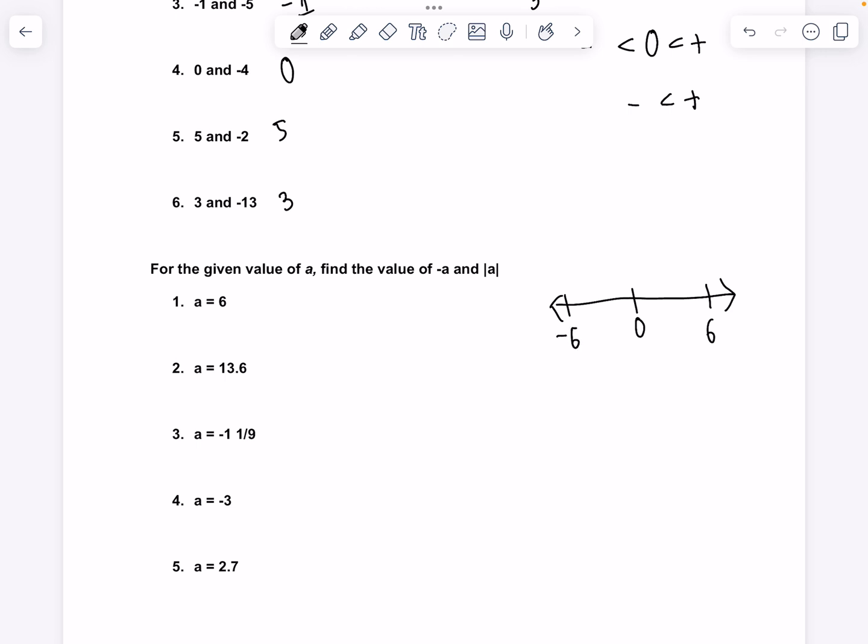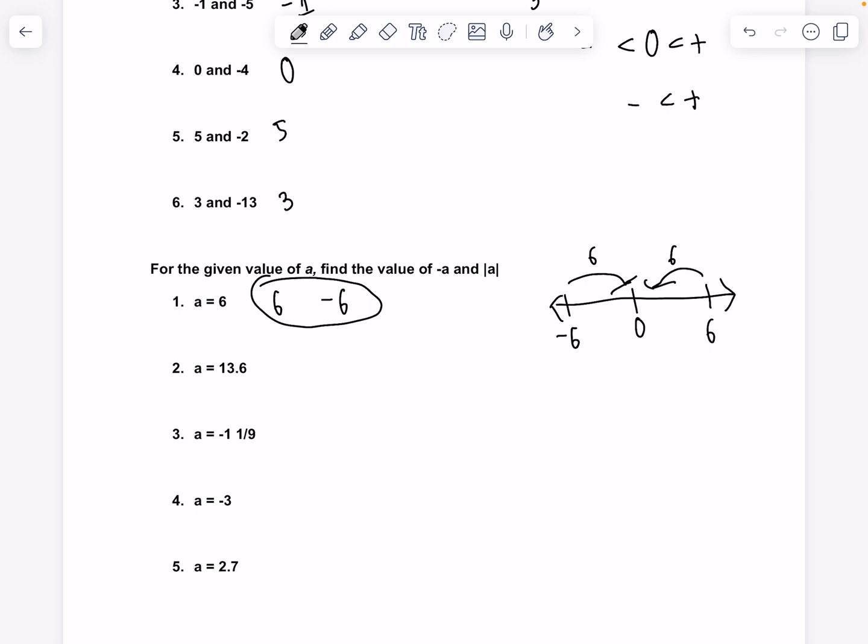They are both 6 units away from 0, so the absolute value is 6. And then we can find the value of negative a by just making a negative out of the absolute value. So we would add a negative to 6. So these would be our two values for negative a and absolute value of a.